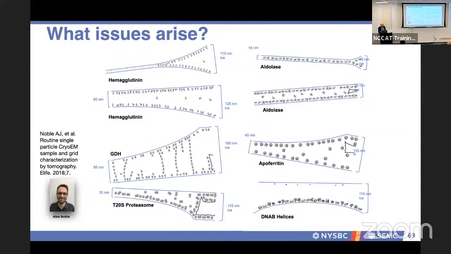So if you're looking at even the second example, and you're only focusing on one plane, you would automatically be excluding half your particles if you were only using that as a criterion. Most programs now can do per-particle defocus refinement, and therefore you can claw back a lot of your signal.